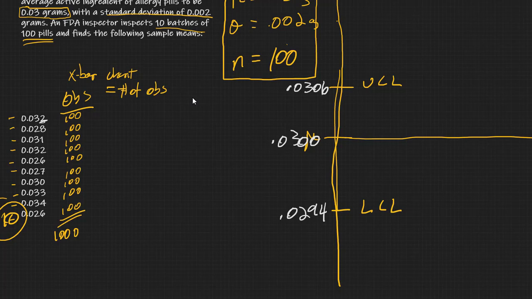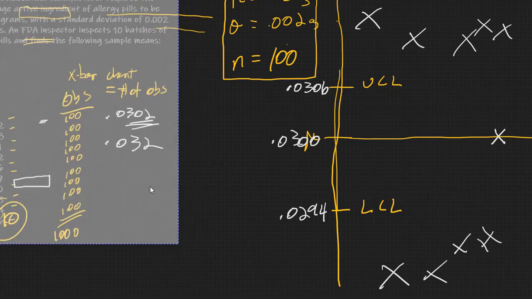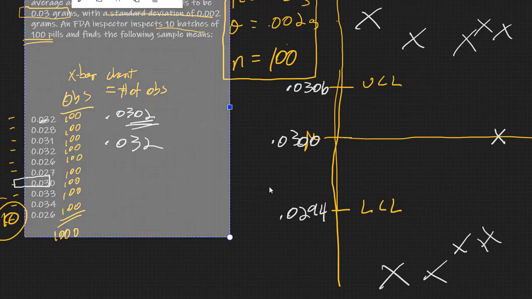This is not 0.0302, this is 0.032, which is way up here somewhere. 0.028, again, the decimals are important, is way down here somewhere. 0.031, again, way up there somewhere. 0.03, everything seems to be way out except for this one. This one is dead on the money, but everything else is way out of whack.